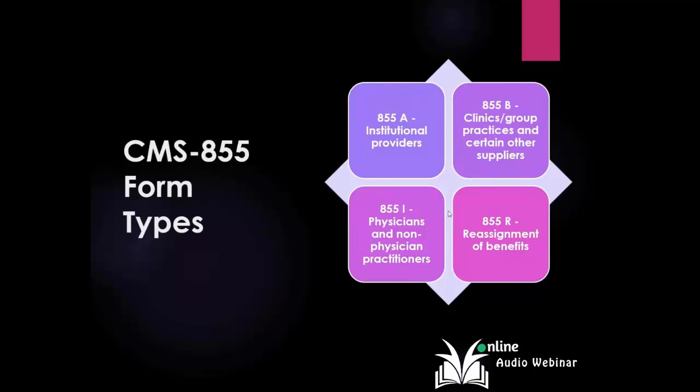Then we have our 855I, which is our individual provider enrollment. So this is going to be for each individual provider, physicians, non-physician practitioners. And then our 855R is going to be our reassignment of Medicare benefits, benefit payments.